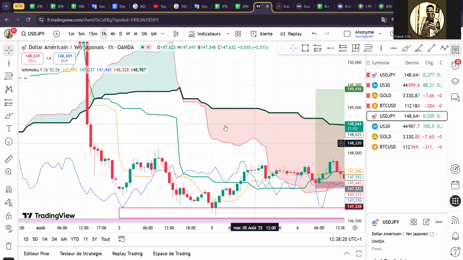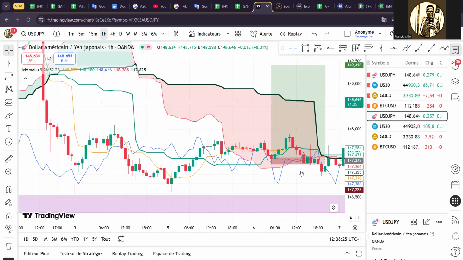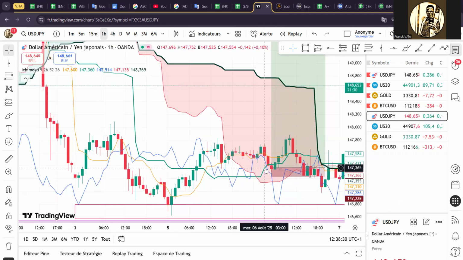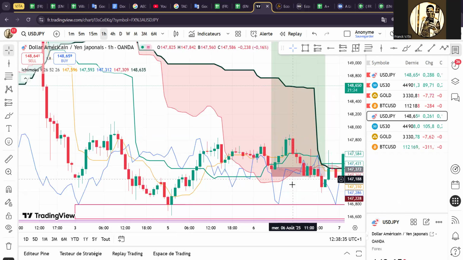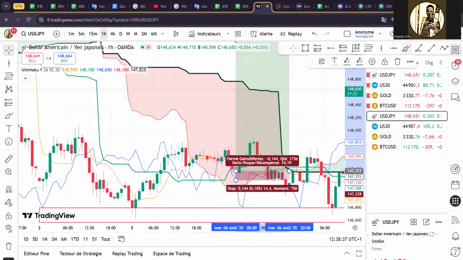But you will be making a big mistake because this one will reverse on you. It's not because Kijun enters inside the cloud and you see an inverted Kijun inside the cloud that you can buy. No, you need to understand the intricacy about setups.